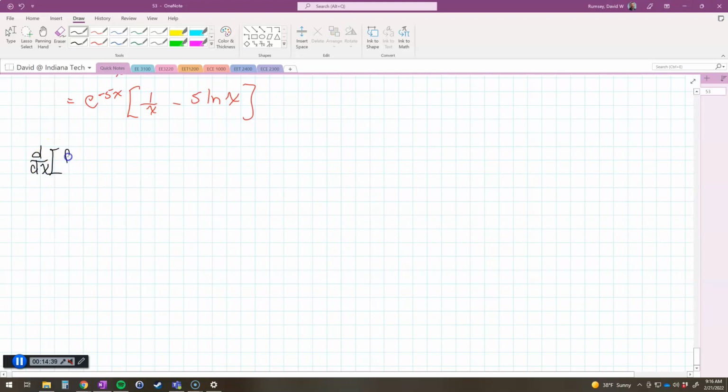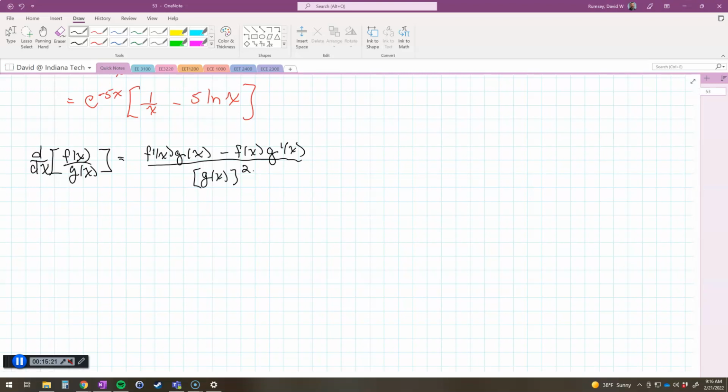So if you have the derivative of two functions and you're dividing them, then this is equal to f prime at x times g at x minus f at x g prime at x, over g at x quantity squared. It's kind of an annoying formula in some ways, and I'm going to do one or two quick examples with that.